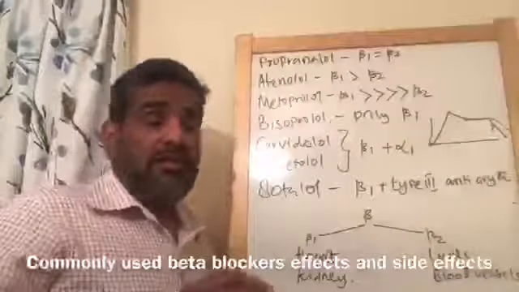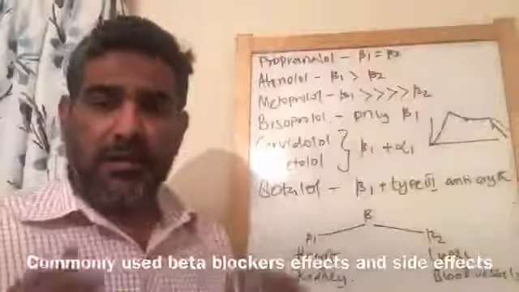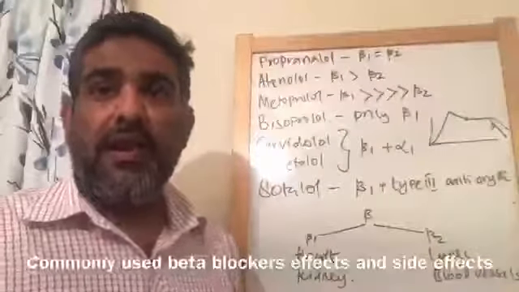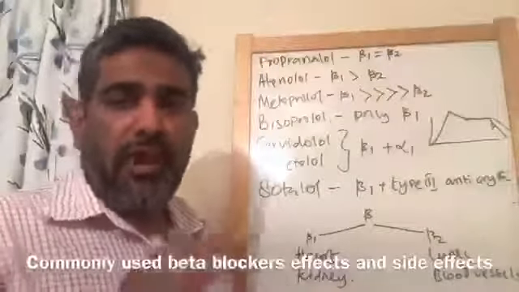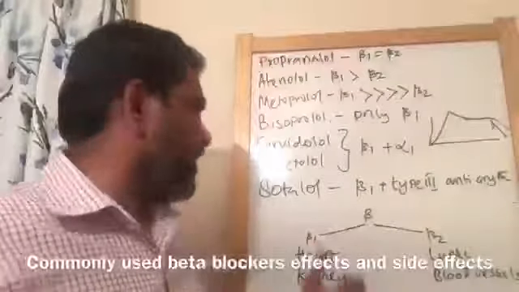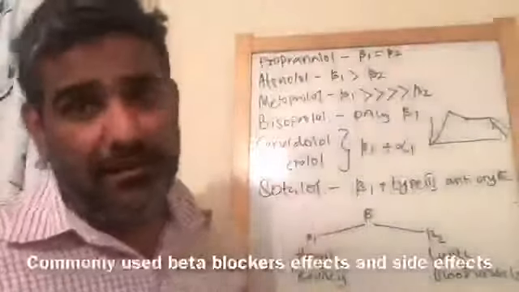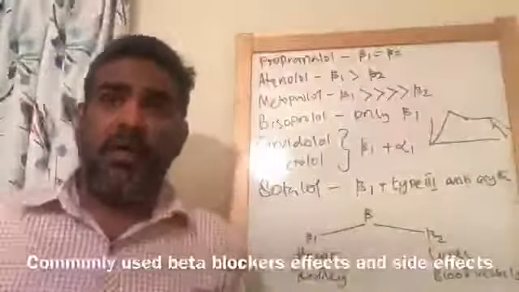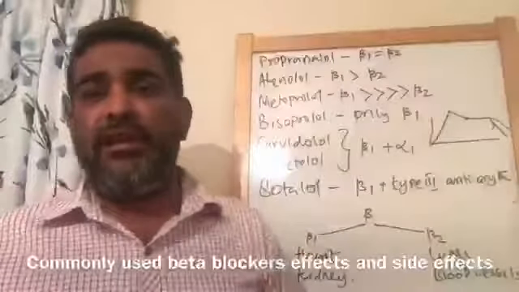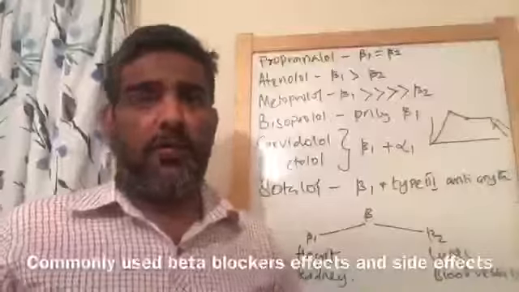One important thing is that sotalol is prescribed only by a cardiologist after an echocardiogram, because we have to exclude any structural deformity in the heart before we administer sotalol. Otherwise, sotalol can produce serious ventricular arrhythmias such as torsades de pointes.